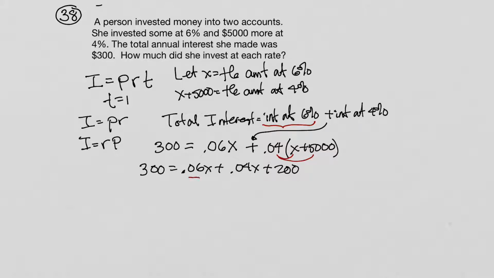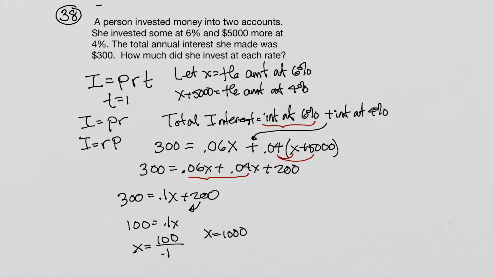We've got 0.06 and 0.04. That gives us 0.1. So we're going to get 300 is equal to 0.1x plus 200. Let's subtract the 200, so we'll get 100 is equal to 0.1x, and then we'll divide by 0.1 to get our x. And that gives us that x is equal to 1,000.